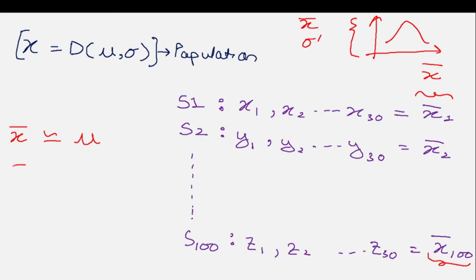And the standard deviation of this normal distribution will be nearly equal to the standard deviation of the population divided by the square root of n, where n is the number of sample points. In this case, the number of sample points was 30. So this is what the central limit theorem tells us.